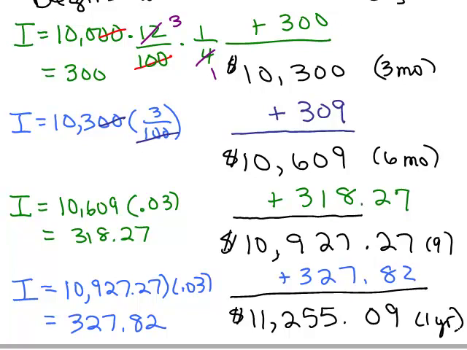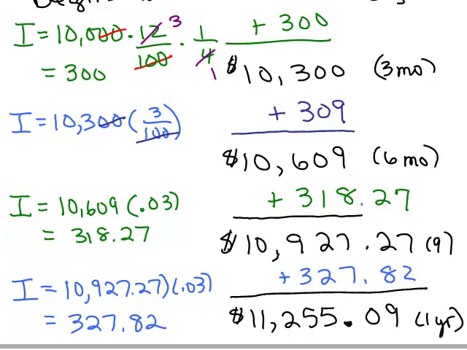All right, so it would be easy to figure out how much he earned in interest per year. Originally there was $10,000 and now there's $11,255.09. So you, of course, could just subtract and get $1,255.09. The other way to do it is to add up these 4 numbers that represent the interest: 300, 309, 318.27, and 327.82. I think it's easier to do it the first way I mentioned.